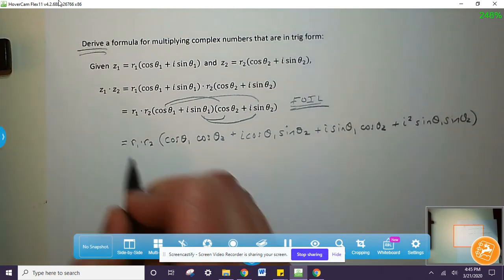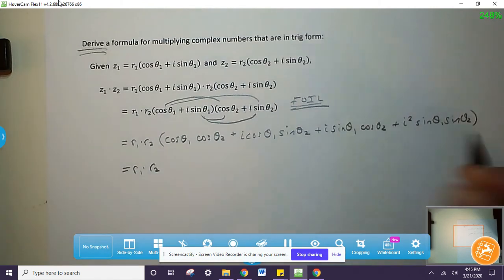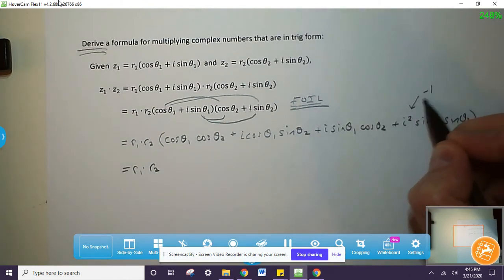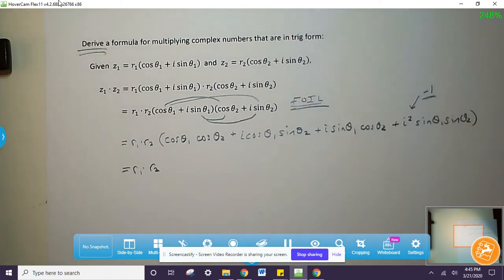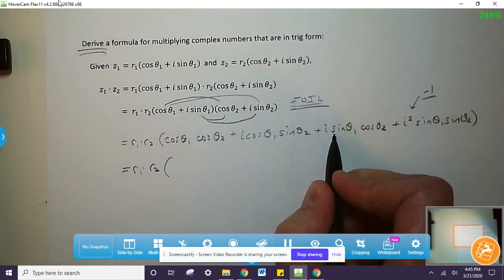Now, one thing I think you probably see right away is that you want to change the i squared into -1. I hope you see that. Okay, so we're going to make that change in just a moment. But this is an awful lot of writing. So while we make that change, I'm going to suggest one more thing. And that's to rearrange the terms. You notice that these two have i, and this one's not going to.